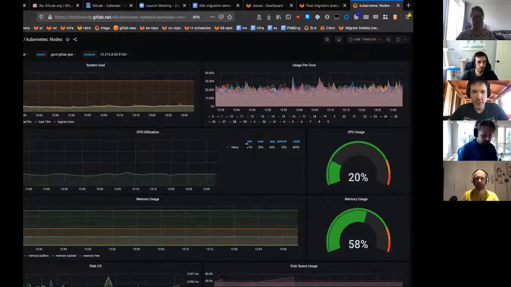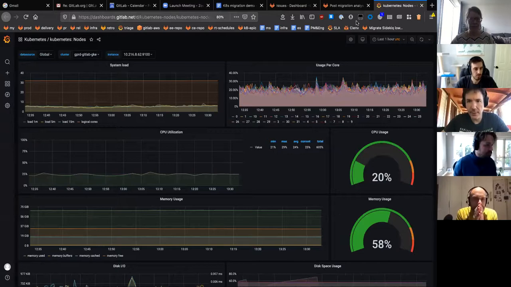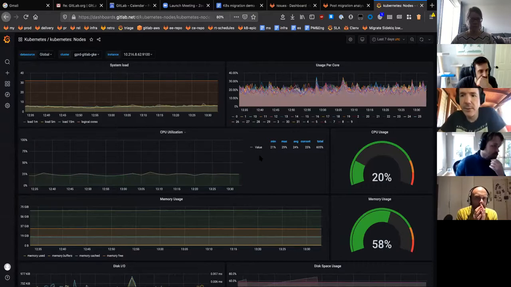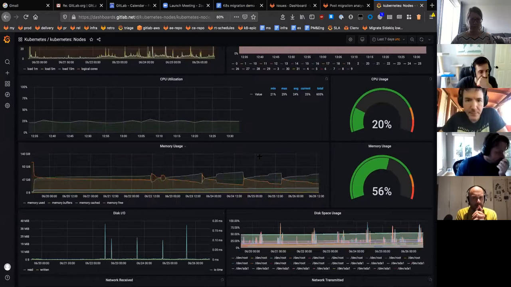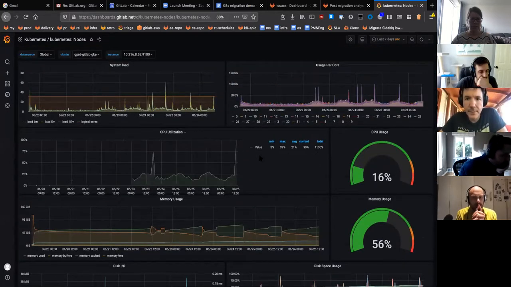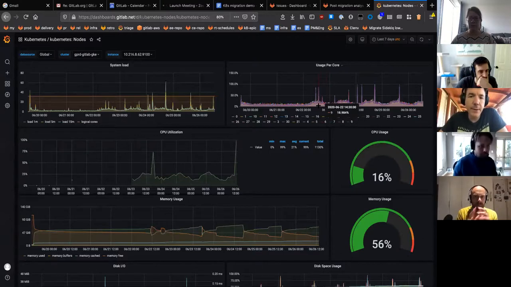This is one of the urgent other nodes. So if we look at the past 7 days, the first thing to notice is that we are fairly underutilized on this.